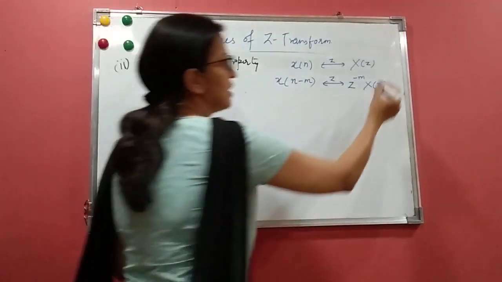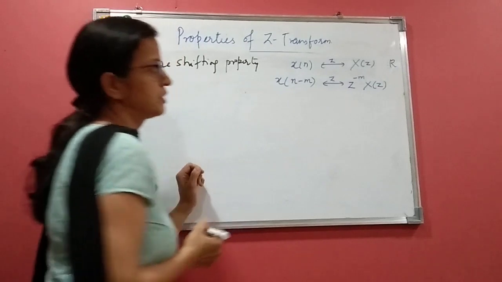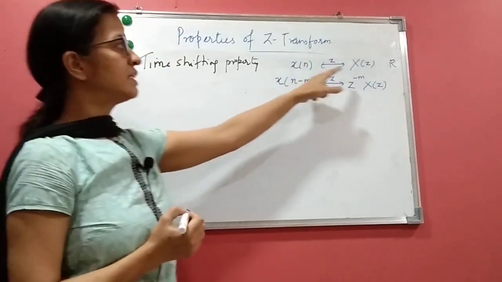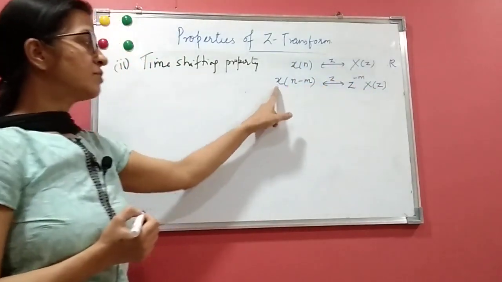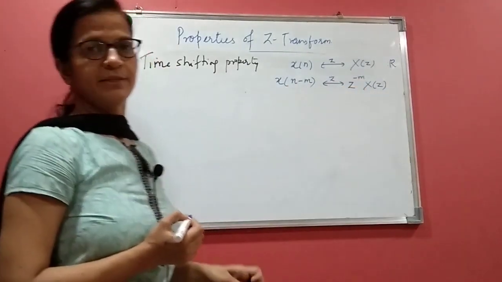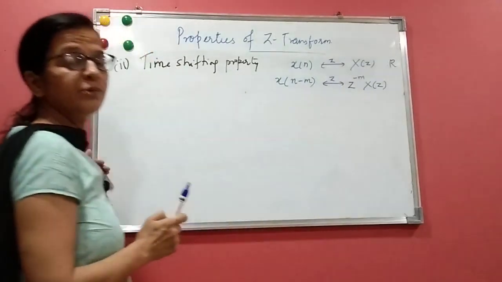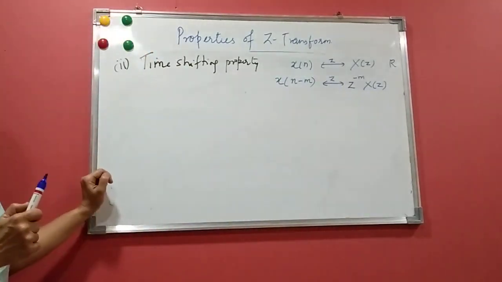So we'll write what the ROC of this is. The Z transform of x of n is x of z. The Z transform of x of n minus m will be z raised to minus m into x of z. Now what is the ROC here? We know ROC is the values of z for which x of z exists.